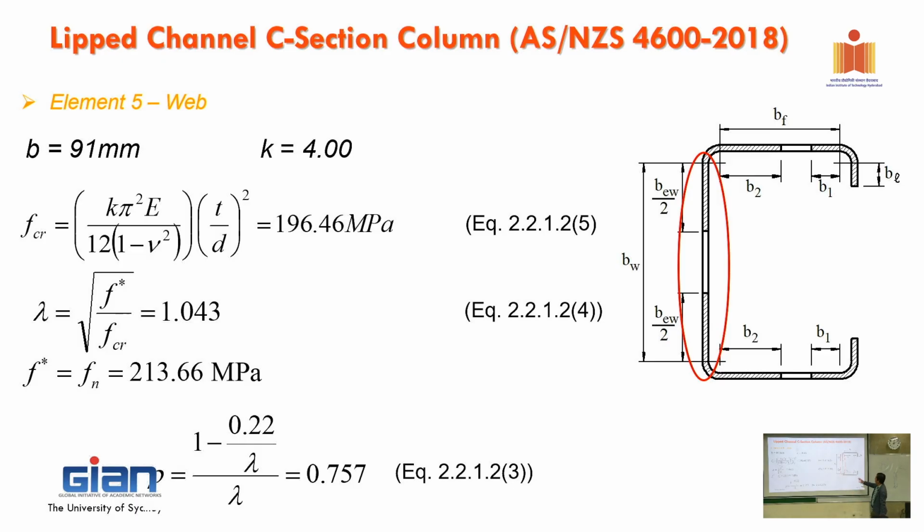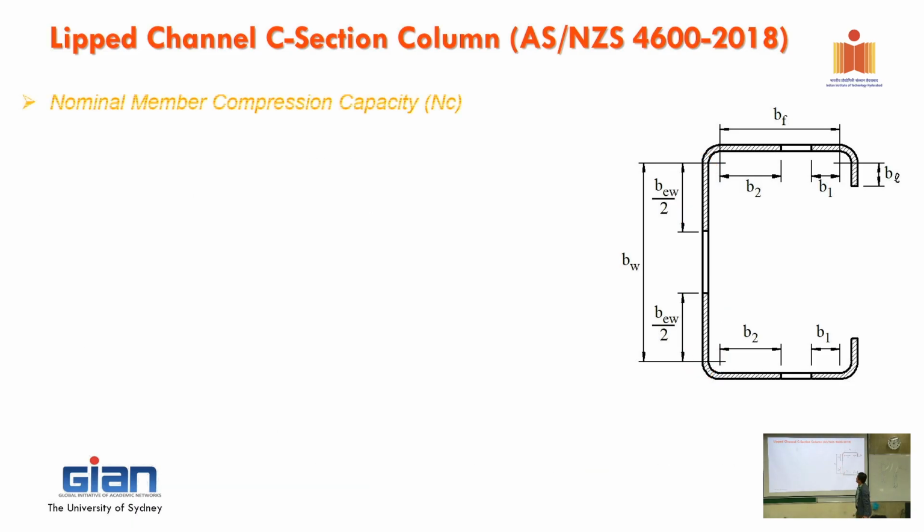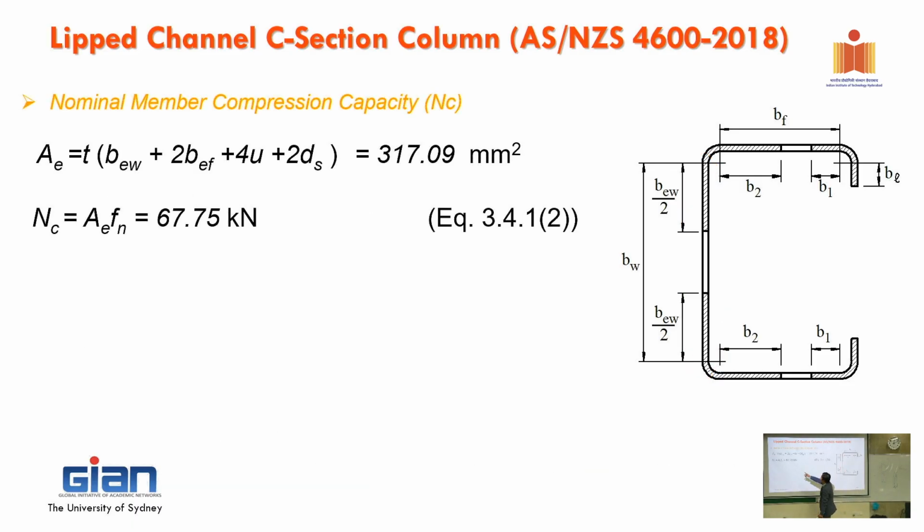All right, so now we have everything. Now this one is exactly the same as the other one, so we just double that. The flange is in pure compression. And then at the end, you simply calculate the effective area. You add all that area minus the parts that we need to remove.